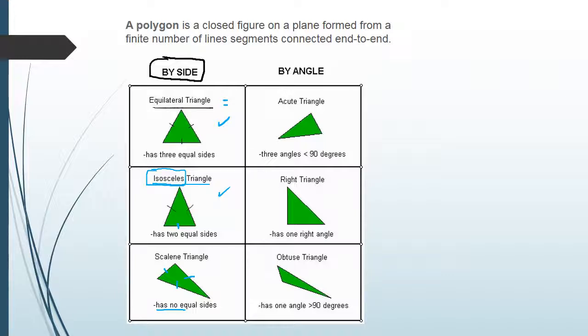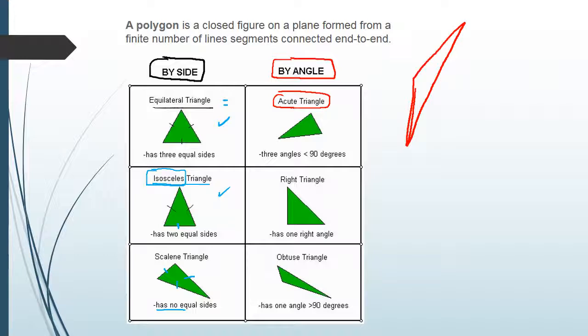Then you can also classify triangles by their angles. If your triangle has one, let's draw one here. Not bad.